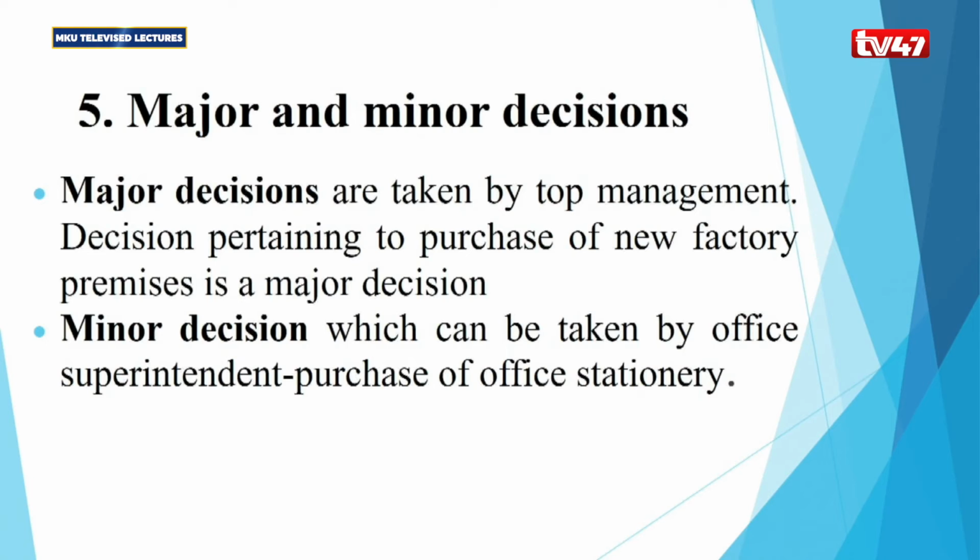Five, we have major and minor decisions. Major decisions are taken by the top management. These entail decisions pertaining to, for example, purchase of new factory premises is a major decision. Minor decisions can be taken by the office superintendent, for example, the purchase of office stationery.